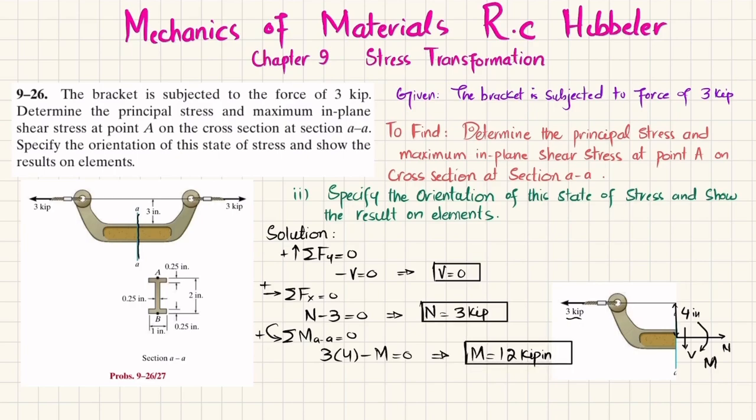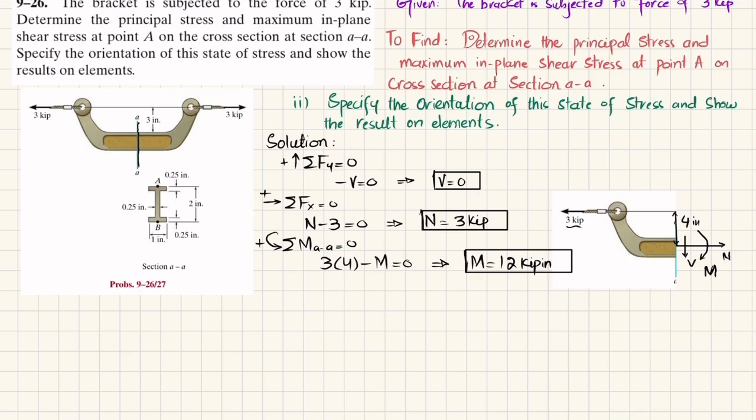For finding the normal stress, sigma, it is the combination of the normal load over this face, which will be equal to N divided by A. Clear? And due to this moment in this direction, there will be bending stress.